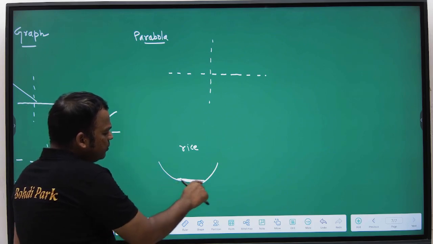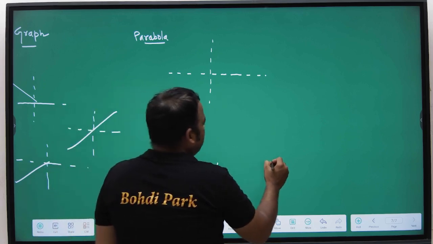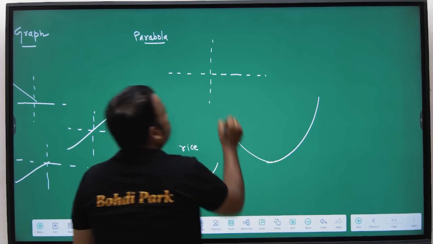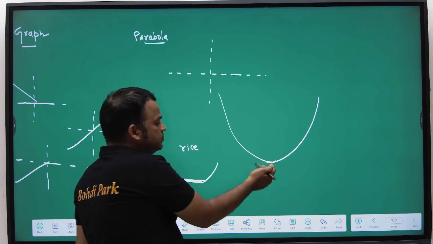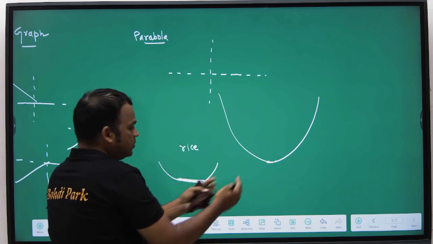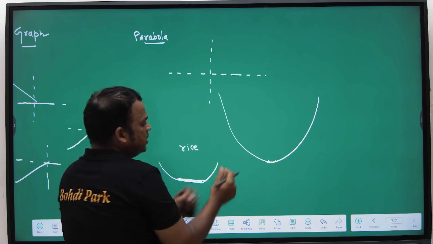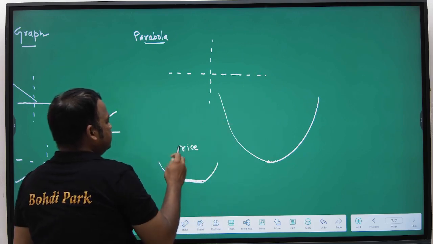So if we ignore this flat surface and imagine the bowl looking like this with a pointed base, the flat region is now a point. It is not a significant flat region. It is just a point. Now this bowl is opening upward.